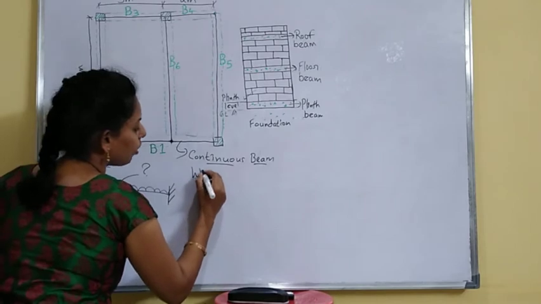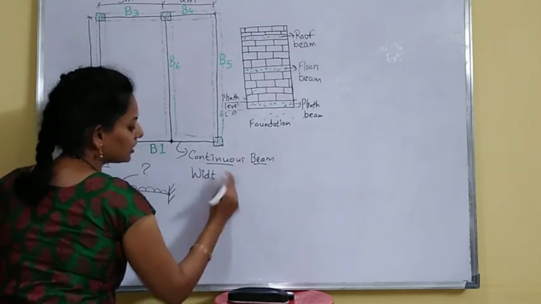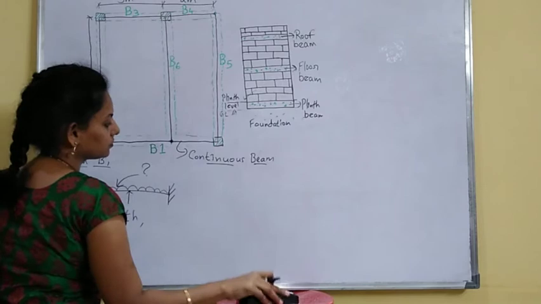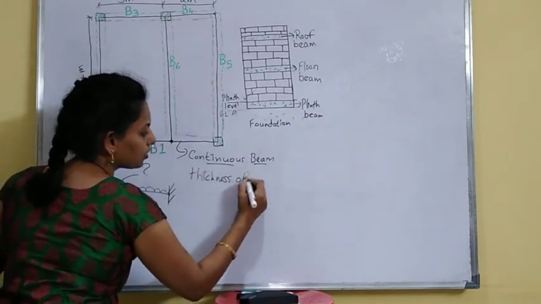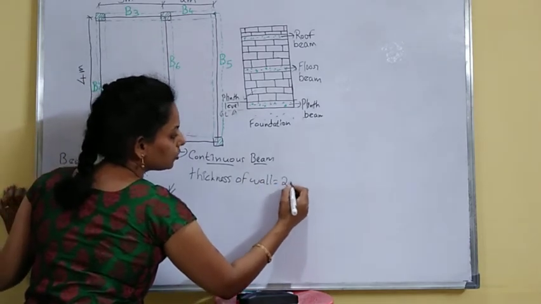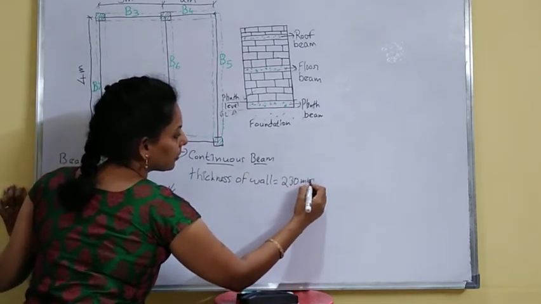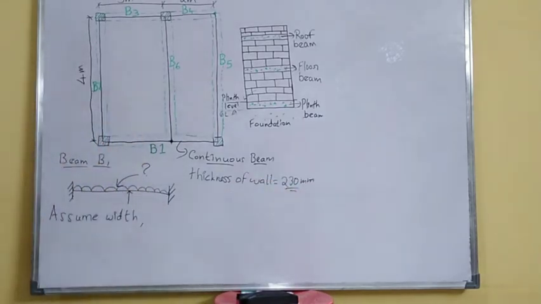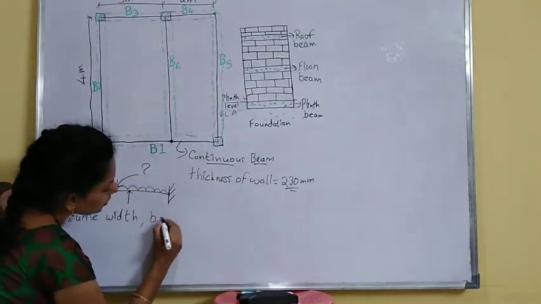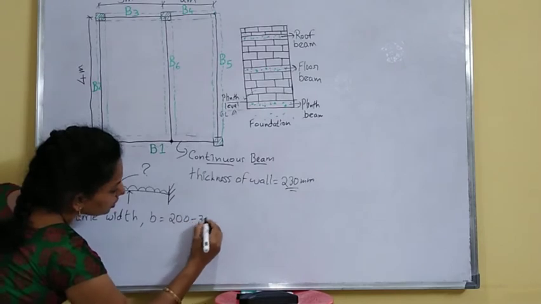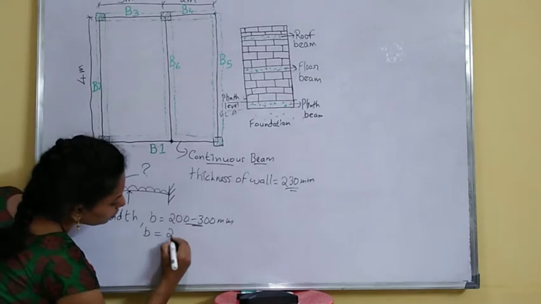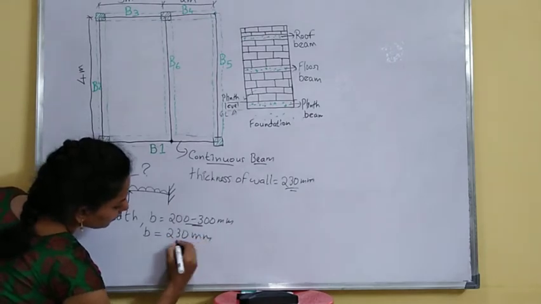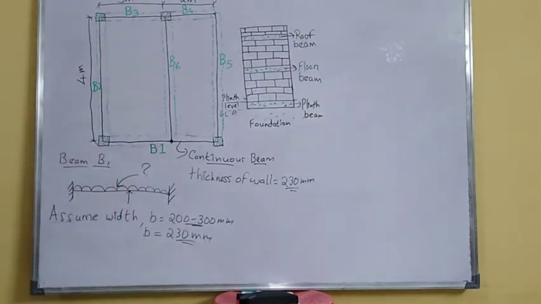So here the thickness of the wall is 230 mm. Usually assume a width between 200 to 300 mm. So here we will assume 230 mm. The width of the wall is 230 mm, so the width of the beam will be 230 mm.